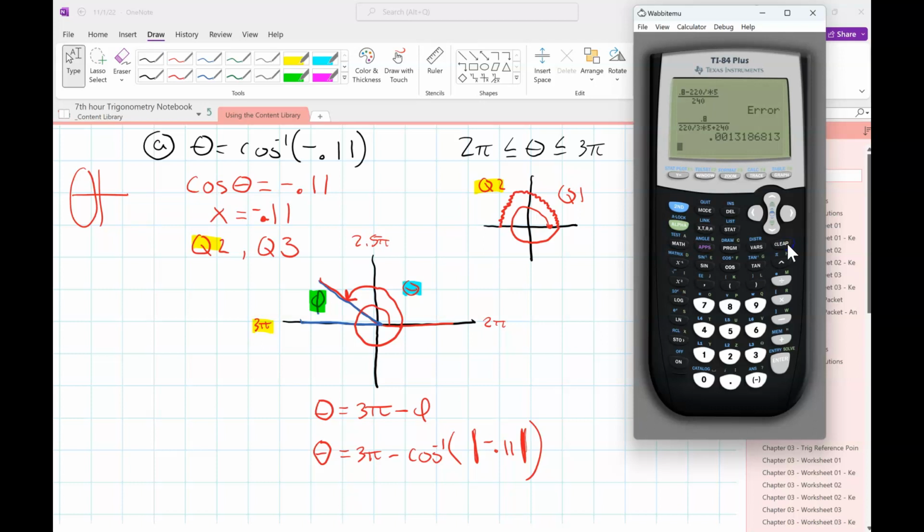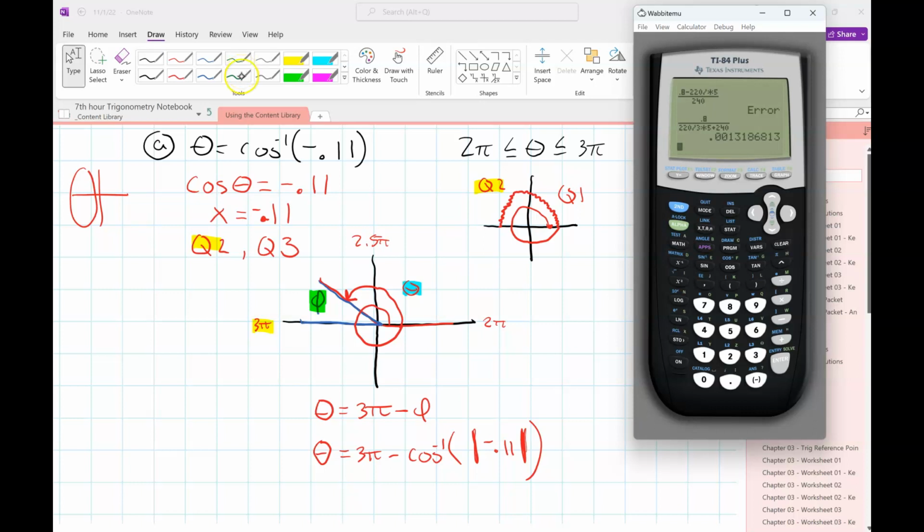So to type this into my calculator, what mode should my calculator be in? Radians, very good. Why radians? What from what I've written down tells me that I need to be using radians rather than degrees? The directions might tell you, but otherwise, if you just look at the work here, we can tell that we need to be using radians.